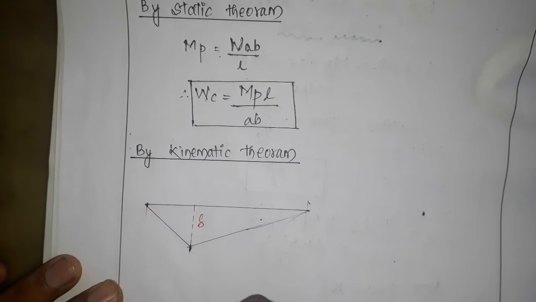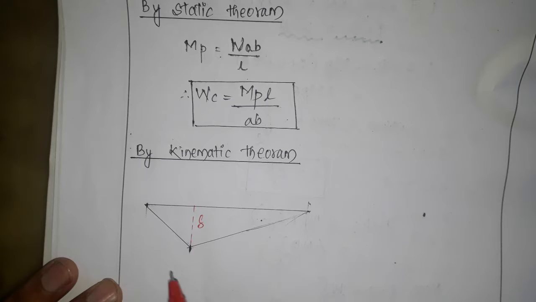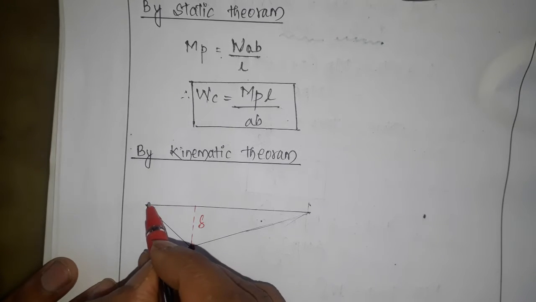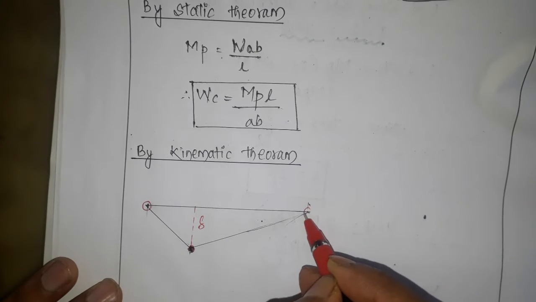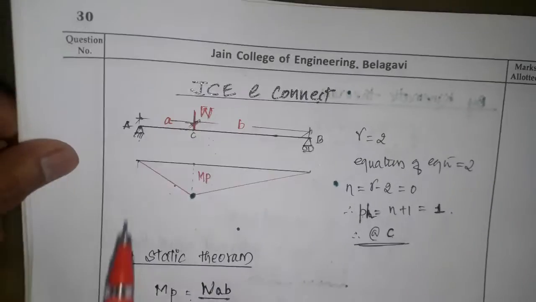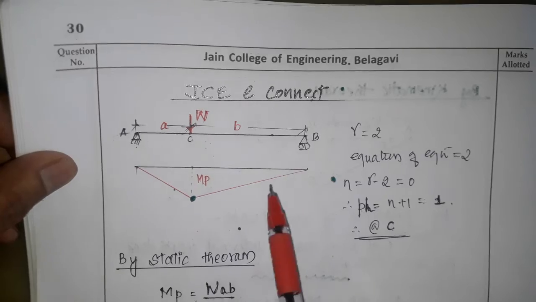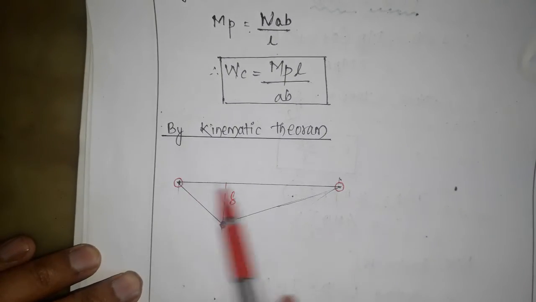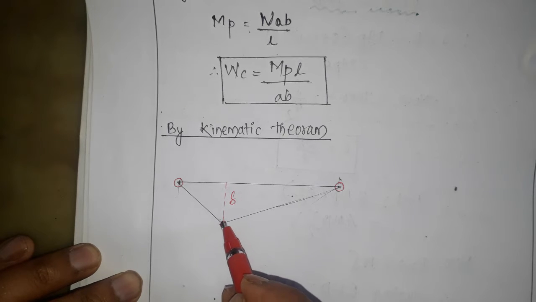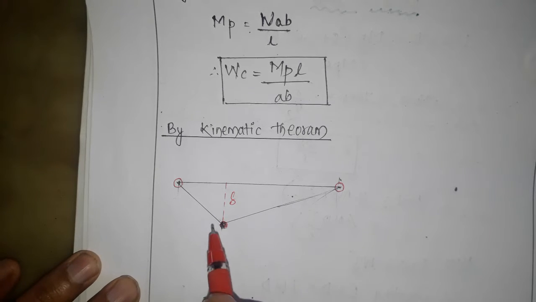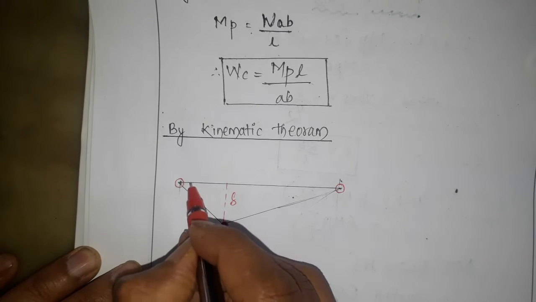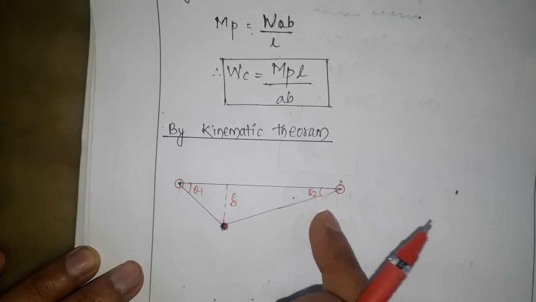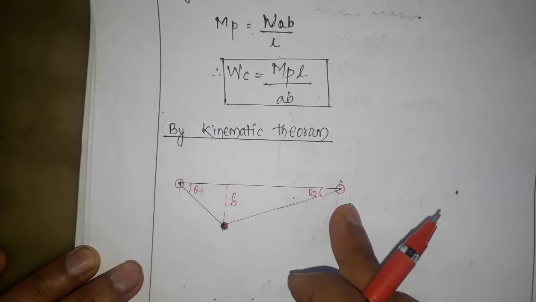So the plastic hinge is here, and we have the structural hinges shown like this. This is the hinge and this is the roller, both are nothing but pins, so these two are structural hinges, and this is a plastic hinge, which is solid in shape. I call these theta 1 and theta 2, because the load is not in the center.